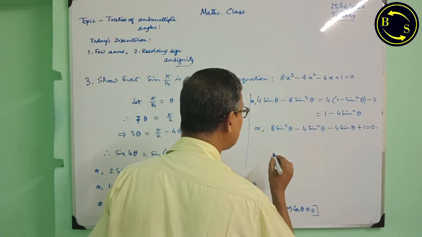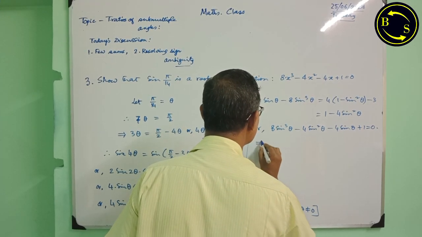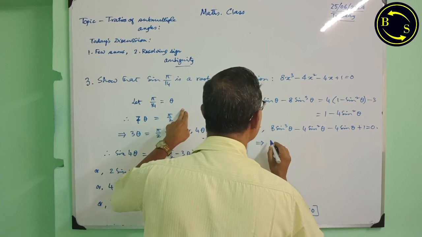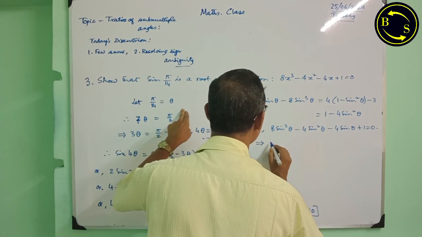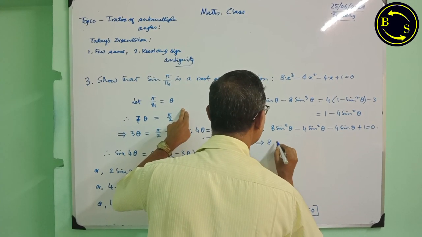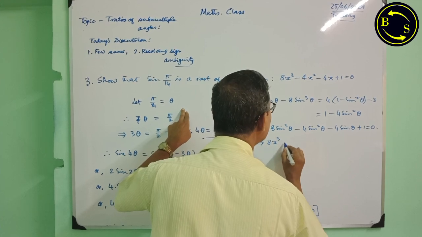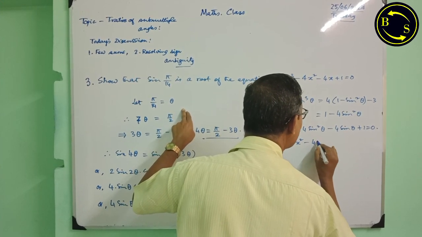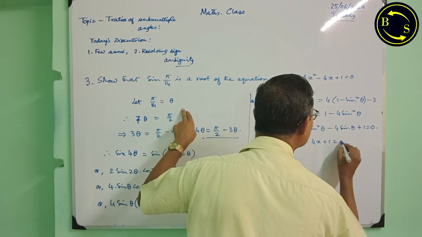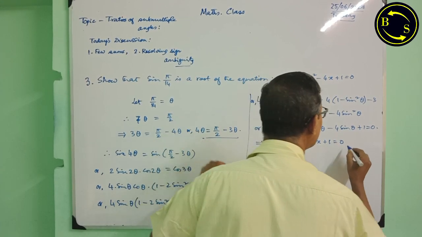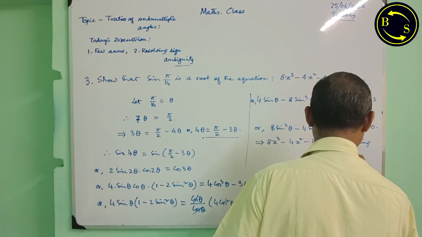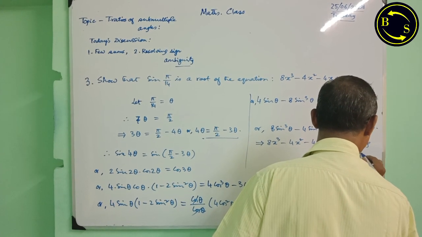From which we conclude, which implies, 8x cube minus 4x square minus 4x plus 1 equal to 0, taking sine theta equal to x.